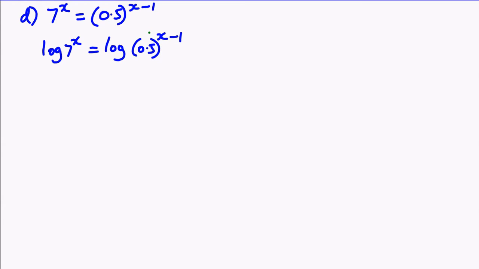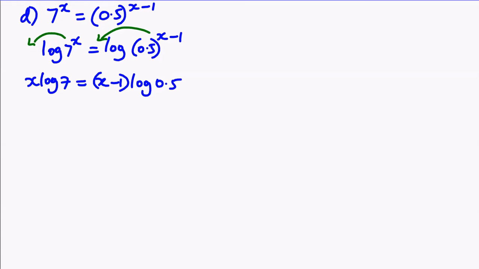Bring the powers to the left. So x log 7 is equal to x minus 1 log 0.5. So x log 7 will be x log 0.5 minus log 0.5.